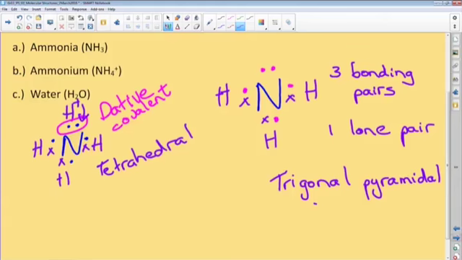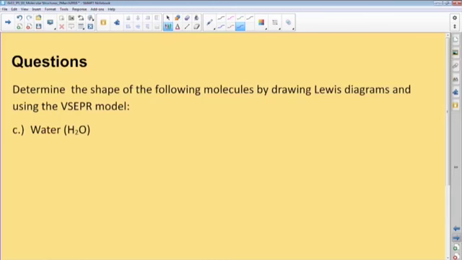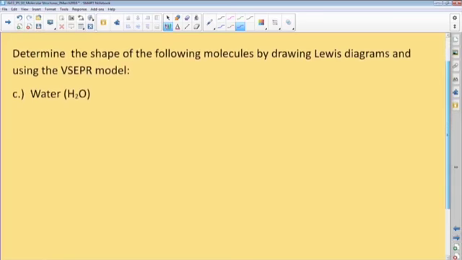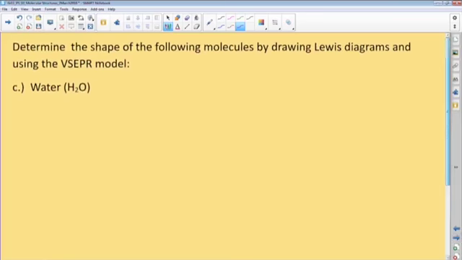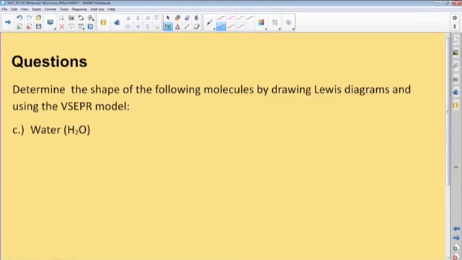Now the last one. Let's have a look at water. I like this molecule. I think it's a really cool molecule. Water molecule. I'm going to do oxygen as my central atom. Now, normally, this is how we would write or draw the Lewis diagram for water.